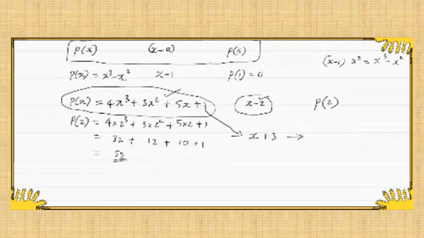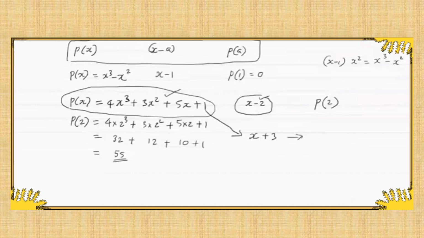X minus 3? No. Here, in the first example, the remainder is P of 2. P of 3? P of 3 is wrong. P of minus 3. P of minus 3 is fine. Look, for x minus a, if you divide with x minus a, the remainder is P of a.